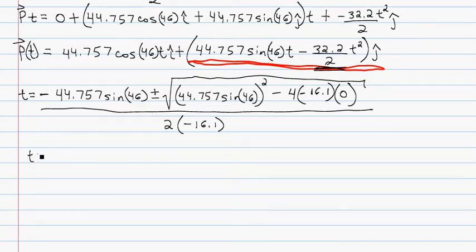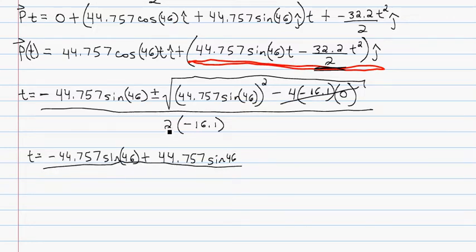So that means that t is going to be equal to negative 44.757 sine of 46 plus, this is going to be 0, so the square root of this squared would just be itself, so 44.757 sine of 46, over 2 times negative 16.1. We did that. If we divided it by 2, if you multiply it by 2, it'll just come back to be itself.